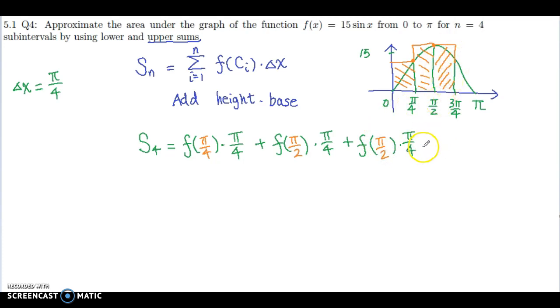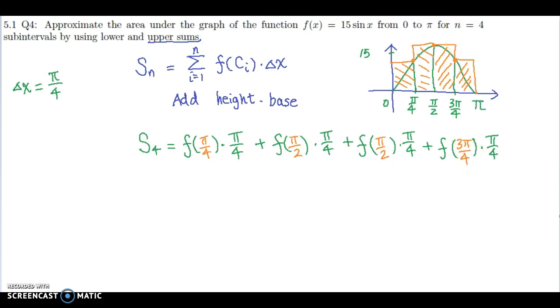Then you look at the last subinterval. From 3 pi over 4 to pi it's decreasing, so the highest point is right here. So it's still at 3 pi over 4.